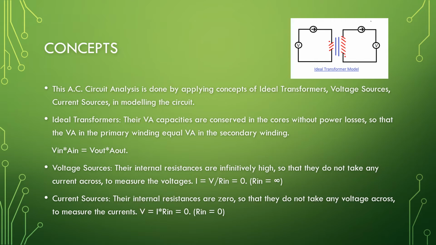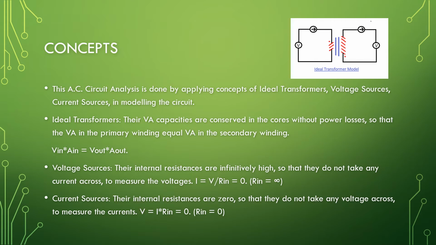Voltage sources: their internal resistance is infinitely high, so that they do not take any current across to measure the voltages. I equals V over Rin equals 0, or Rin equals infinity.